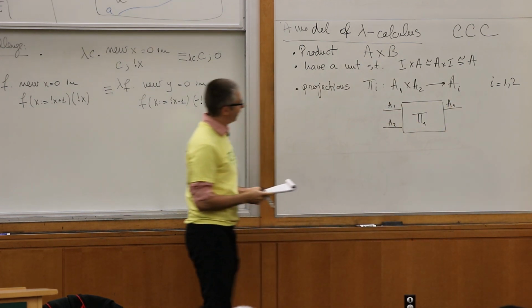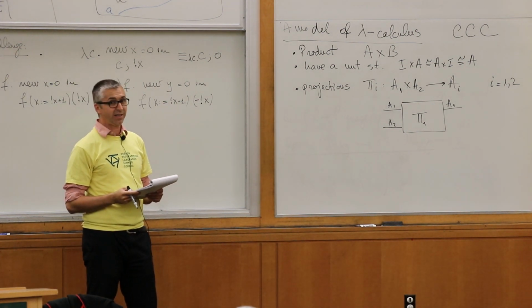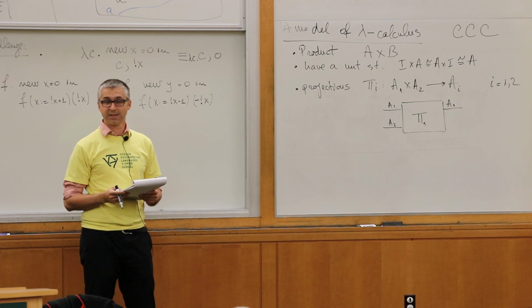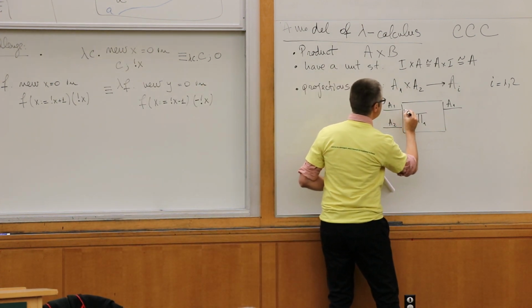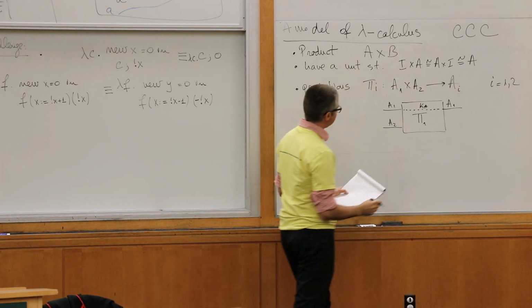And this is A1. Now what do you think the projection should be? Because the projection really should not do much. So what should it be? What is the strategy that doesn't do much? Copycat, yes. So it's basically a copycat strategy on A1.